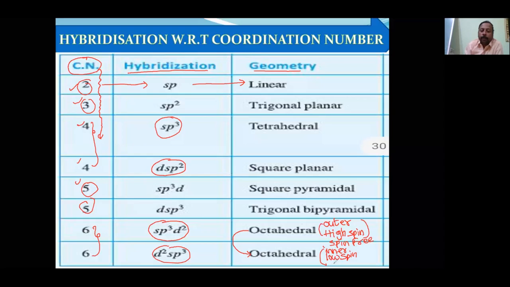Spin free you may not be able to guess. It is called spin paired octahedron. So outer, high spin, spin free; inner, low spin, or spin paired. These are the d2sp3.